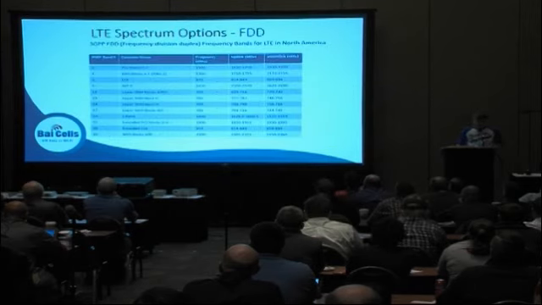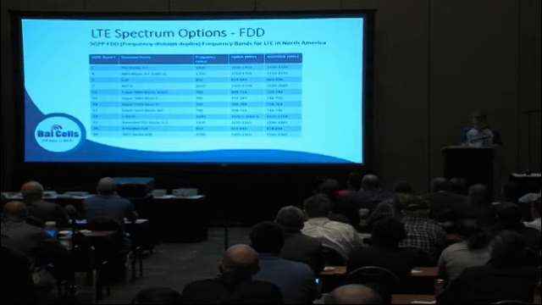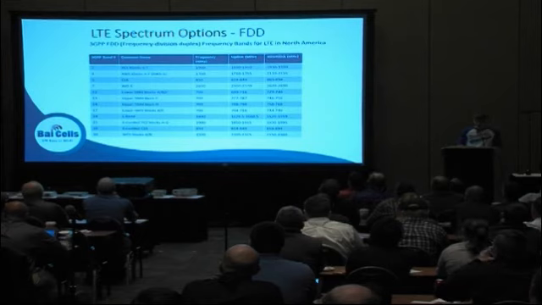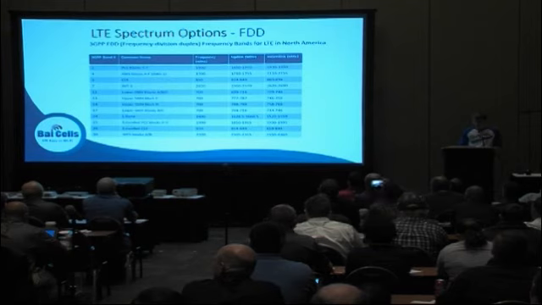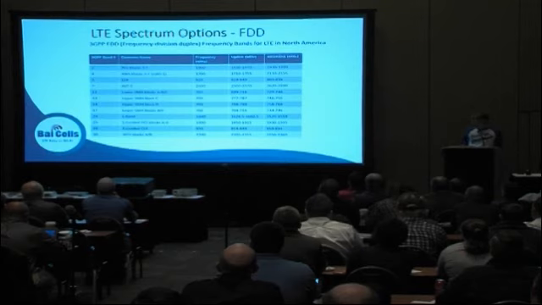Okay, so for spectrum options with LTE, when it first came out, it was mostly just for FDD. And here are, in the US, the different band numbers. Now, FDD spectrum is generally pretty expensive, so most operators, I'm assuming here, won't have this. But anyways, here's a list of the FDD spectrums.